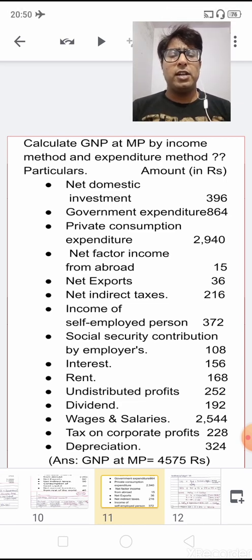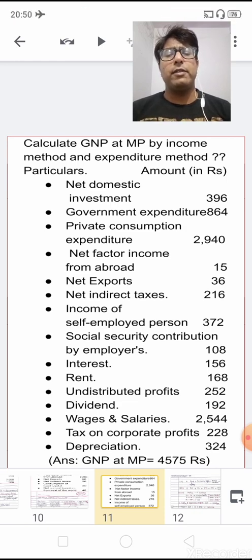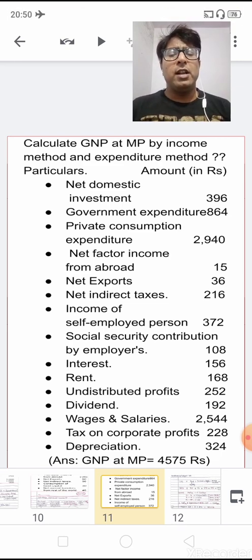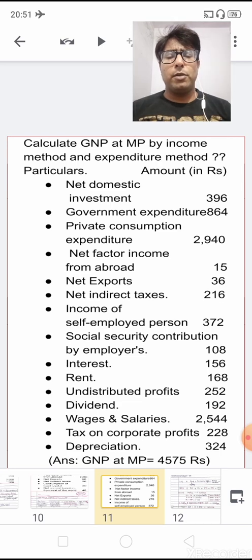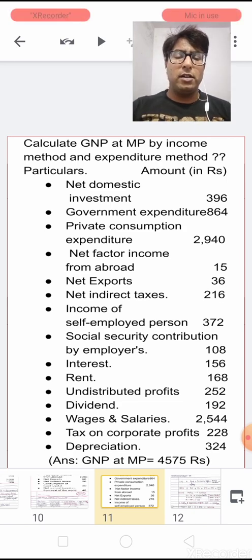What is given is: net domestic investment is 396, government expenditure is 864, private final consumption expenditure is 2940, whereas net factor income from abroad is 15, net export is 36, net indirect taxes are 216, and income of self-employed persons is 372, social security contribution by employers is 108, interest is 156, rent is 168, undistributed profit is 252, dividend is 192, wages and salary is 2544, tax on corporate profit is 228, whereas depreciation is given as 324.